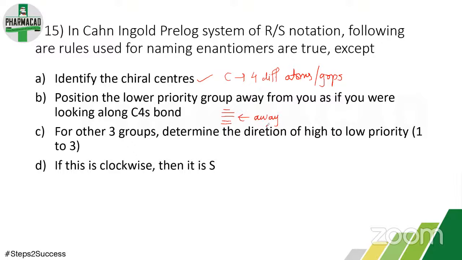If the lowest priority group is on a dash wedge, then it is okay. If it is not on a dash wedge, what do we have to do? We have to rotate our compound. So this statement is also correct. Then for the other three groups, determine the direction of high to low priority, 1 to 2, 1 to 3, 1 to 2, and then 2 to 3. So this option is also correct.